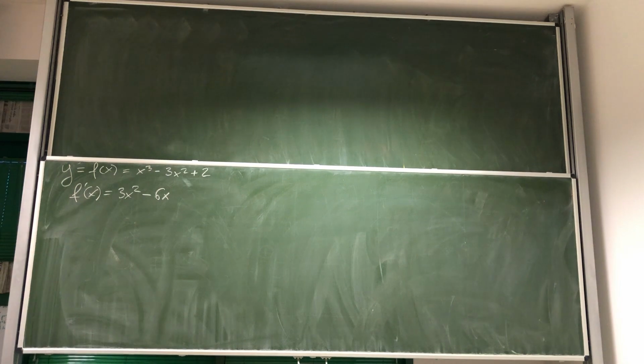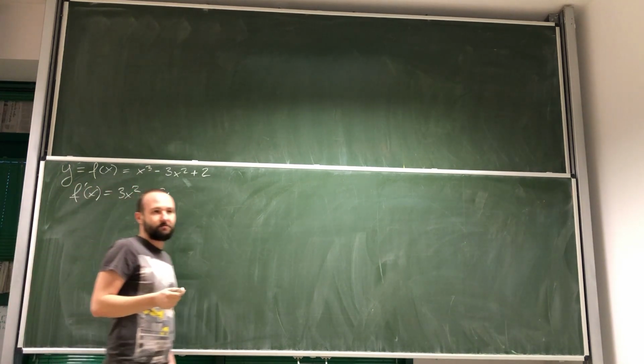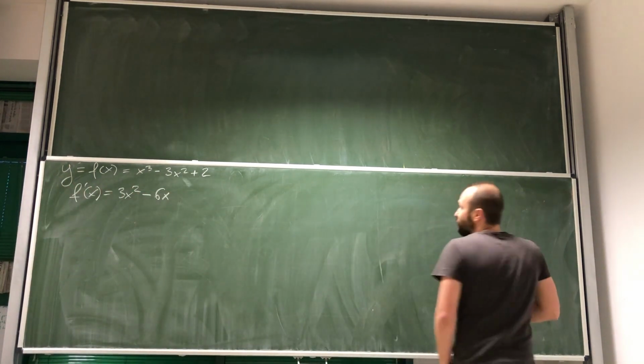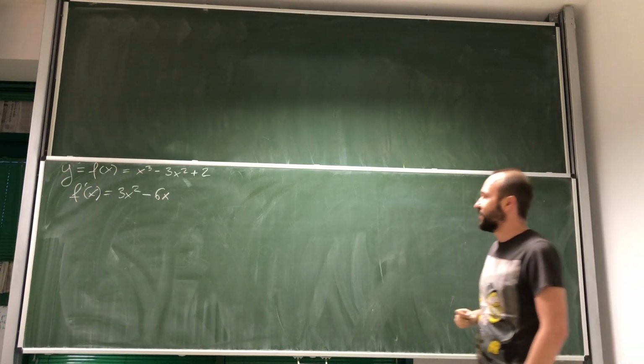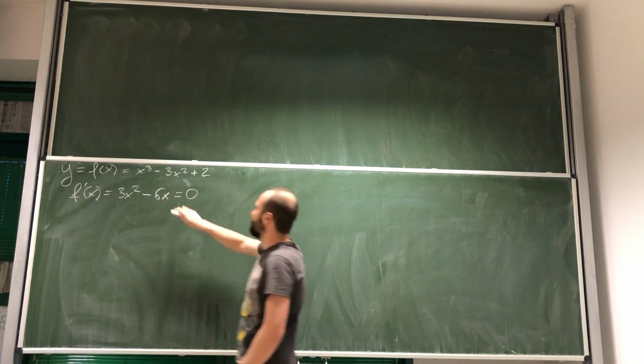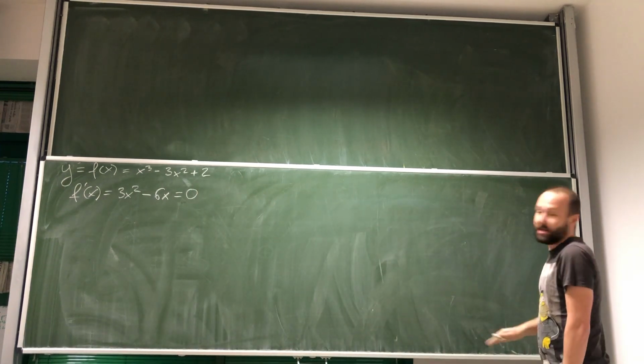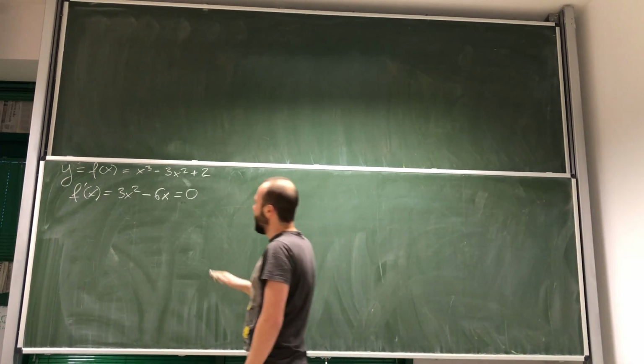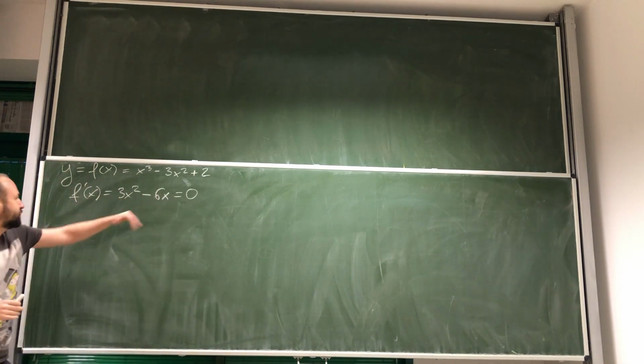Now, where will I find zeros, where will I find the maximum or minimum of this function? Well, I will find it at points where this derivative is equal to 0. So let me just solve this equation, and it will also allow us to draw this parabola.